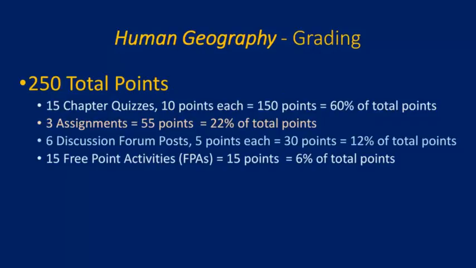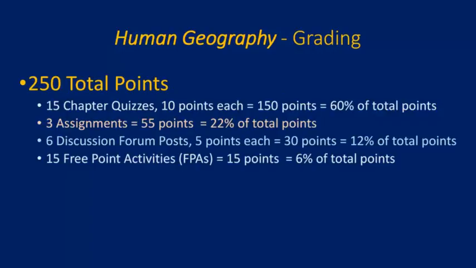In terms of the grading, there's 250 total points for the semester. And you can find the grading scale in the syllabus, and I'm not going to cover the grading scale. But where do these 250 points originate? We've got 15 chapter quizzes, so each chapter has a quiz, and those are worth 10 points each, and so that's 150 points, or 60% of the total points for the semester. But of course, if your grade was completely relying on multiple choice questions, that probably wouldn't be too cool.